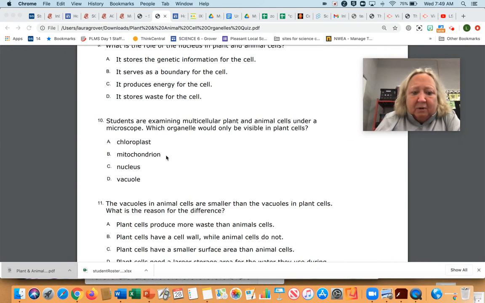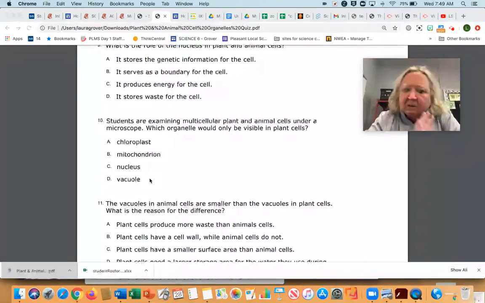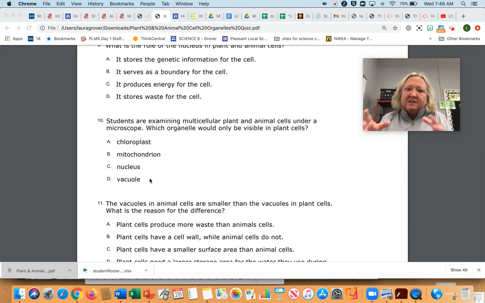Both cells, plant and animal, have a mitochondrion, they have a nucleus, and they have a vacuole. Now, that could possibly be where you got a little confused. Animal cells have vacuoles. They're not the large central vacuole that the plant cell has, but they do have vacuoles. So the answer there again is chloroplast, only in plant cells, for photosynthesis.